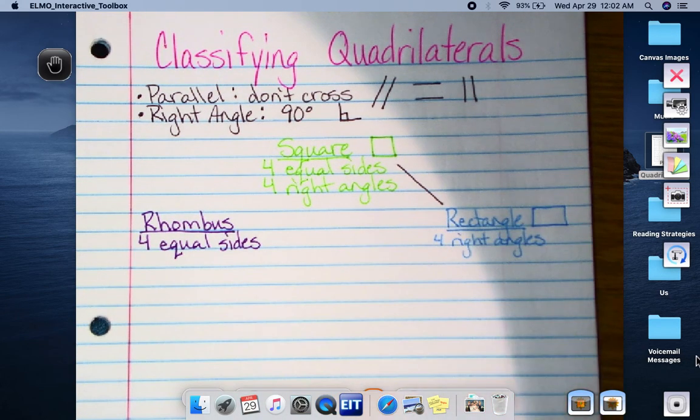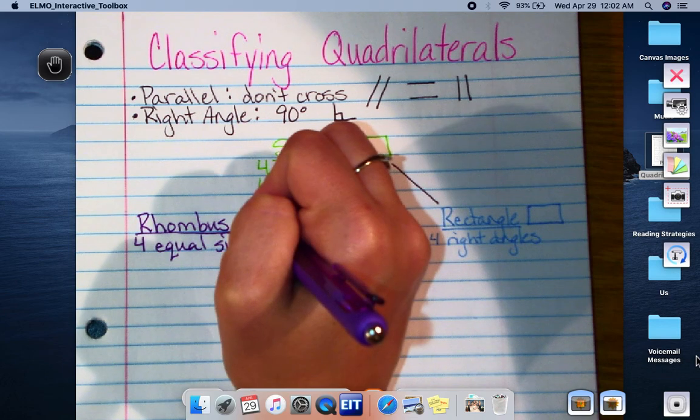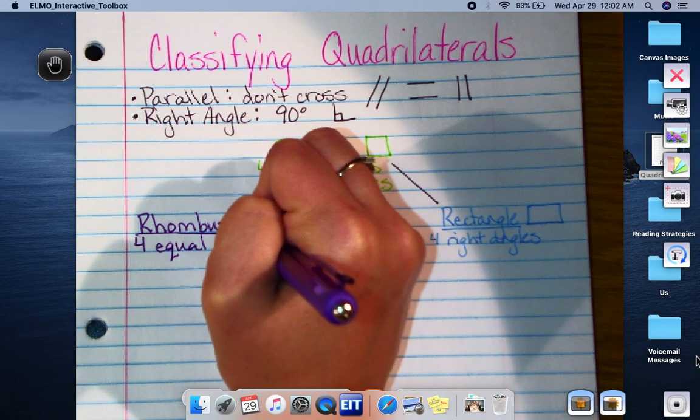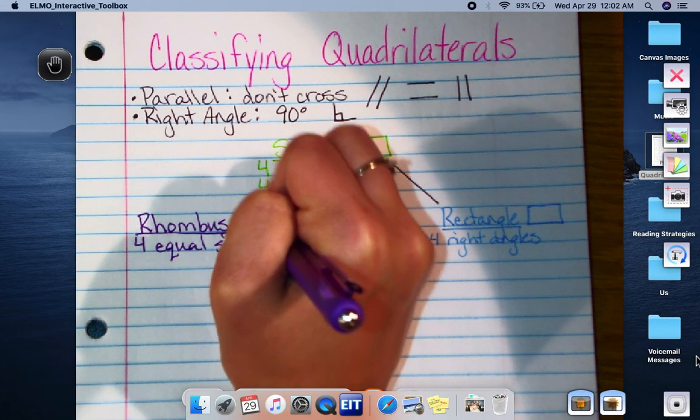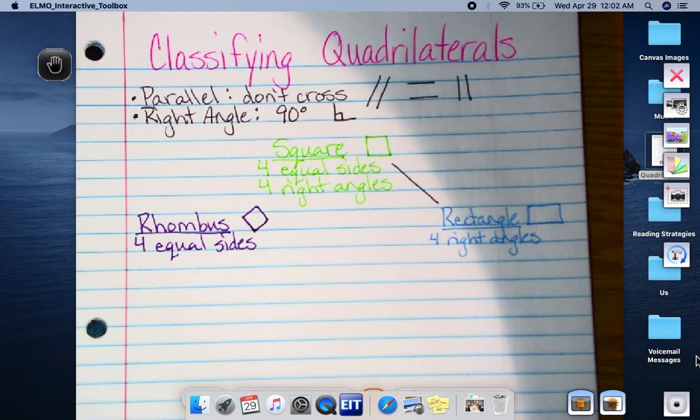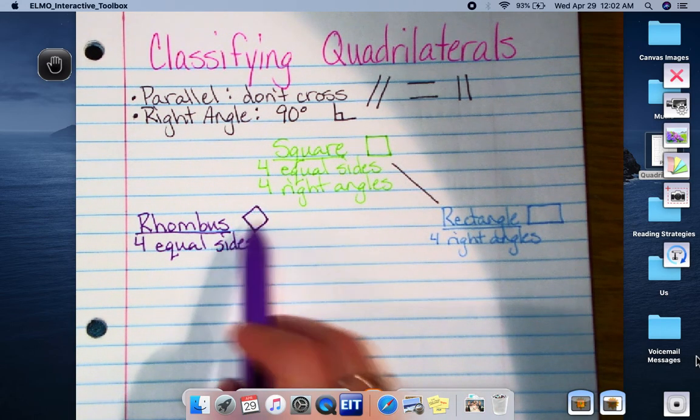So a rhombus, I kind of think, looks like a square diamond. I would compare a rhombus to a diamond. All of the sides are the same length, and I didn't draw that perfectly, sorry. Those aren't supposed to be right angles.